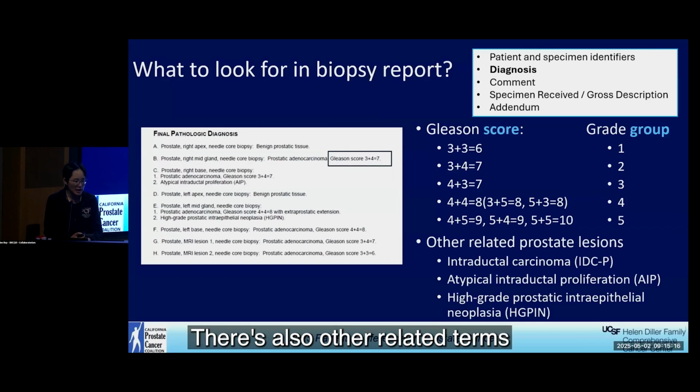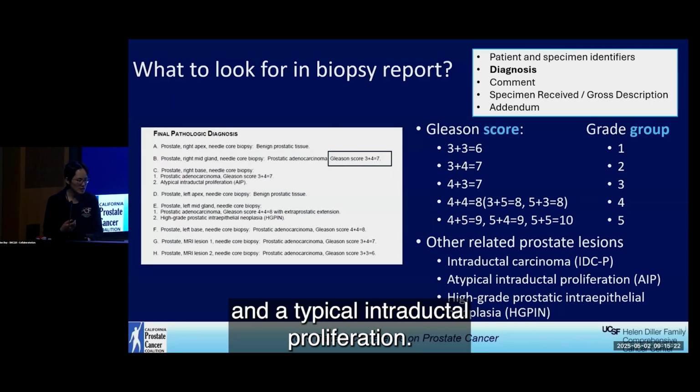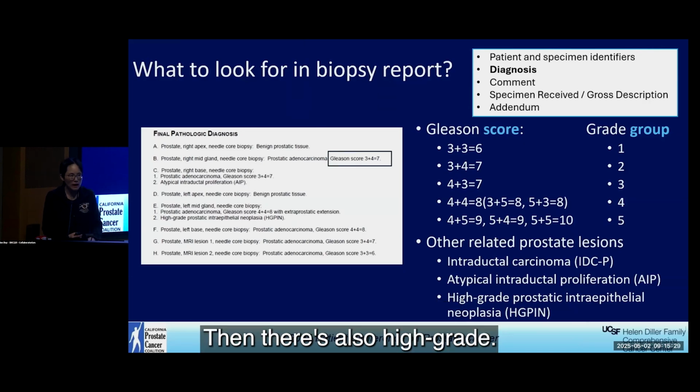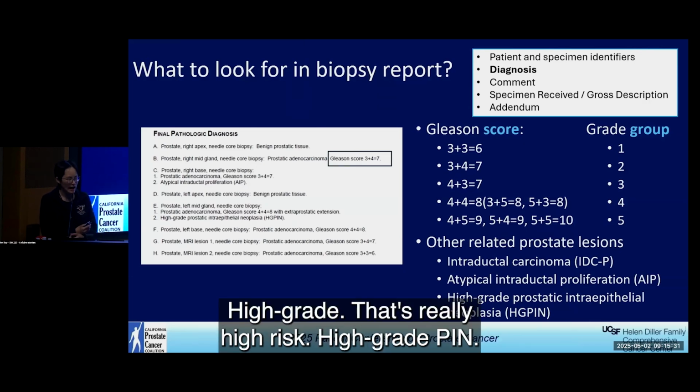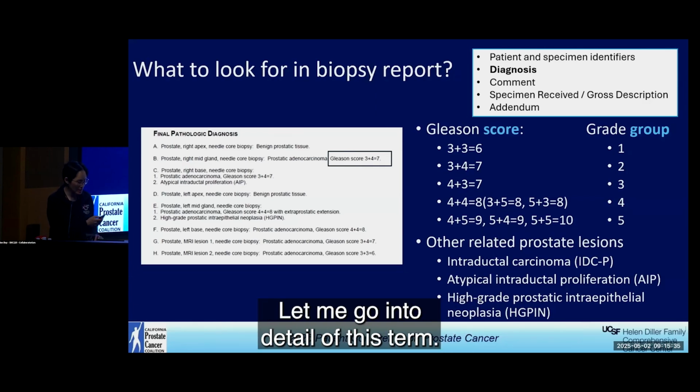And there are also other related terms that make this even more confusing, like intraductal carcinoma and atypical intraductal proliferation. They both have ductal. What does that mean? And then there's also high grade. Oh, high grade sounds really high risk. High grade PIN. Like, did I have something really terrible? So let me go into detail of these terms.